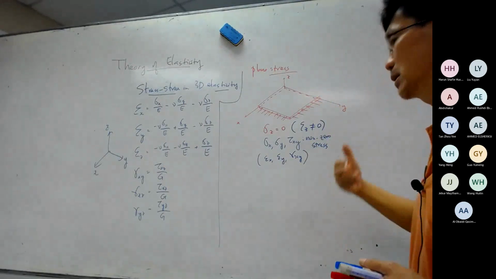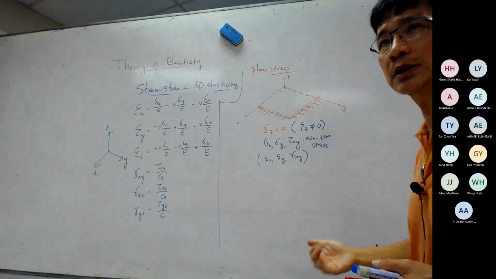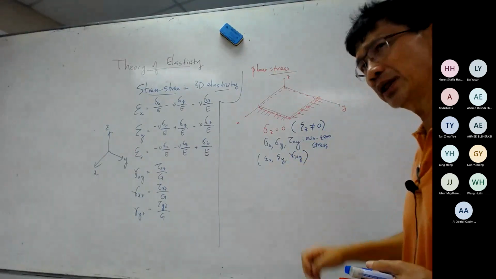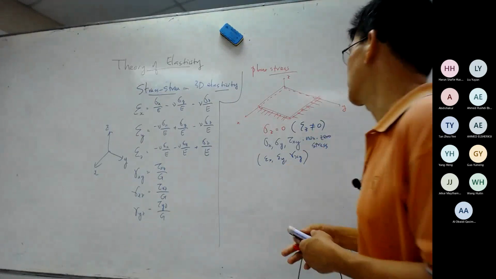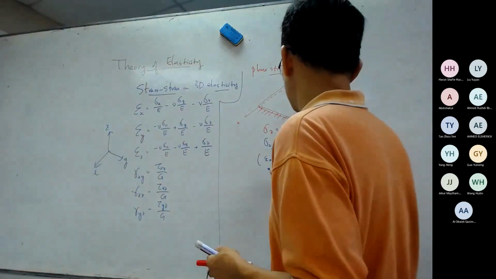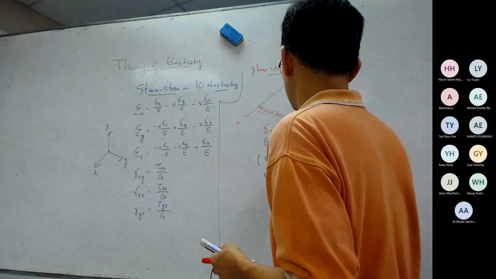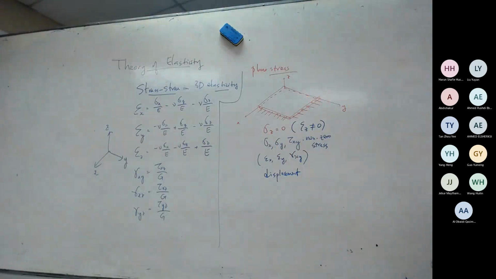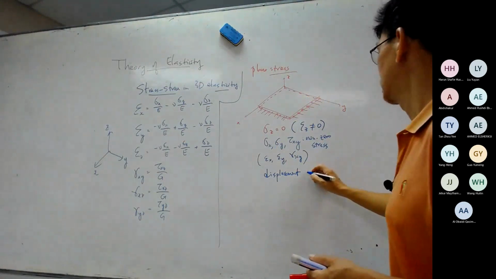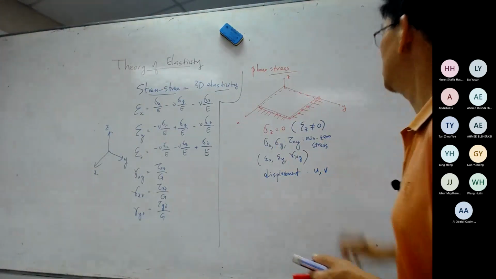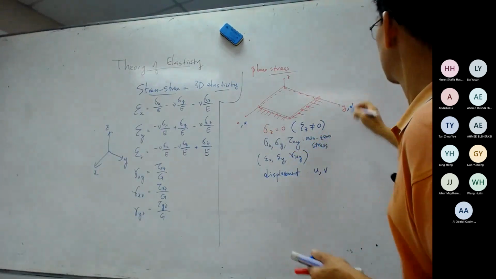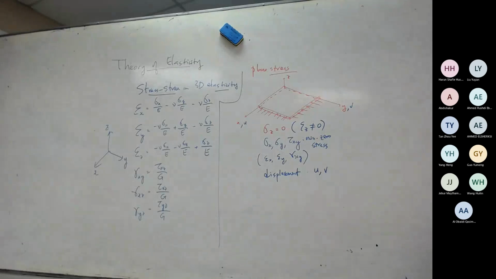Okay. And there are three strain-displacement relations that relate the three strains to the two displacements. Okay. Displacement, you have u and v. So u is the displacement in x direction, v is the displacement in y direction.